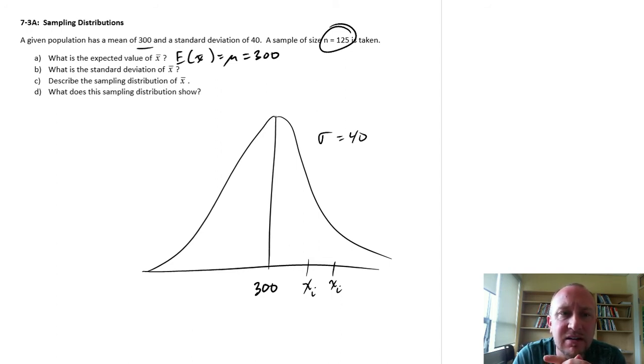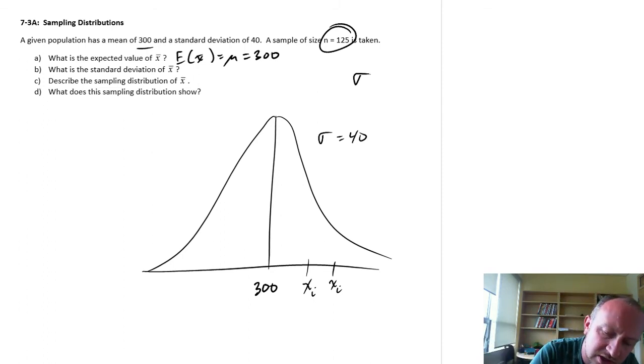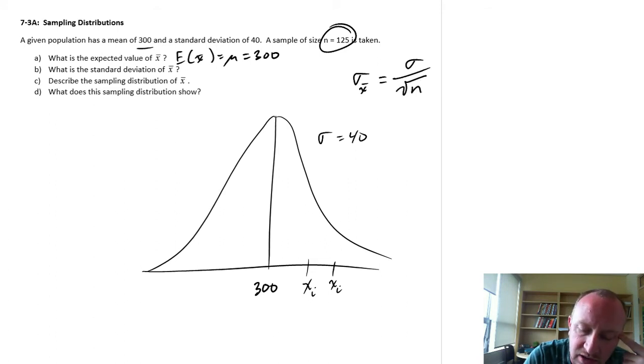What is the standard deviation of x bar? So what is the standard deviation, or what is the spread? What is the distribution of possible sample means? So for this one, our notation is sigma x bar, so it's the standard deviation of sample means, and this is equal to the standard deviation of the population divided by the square root of the sample size. So you can see that this changes for different sample sizes.